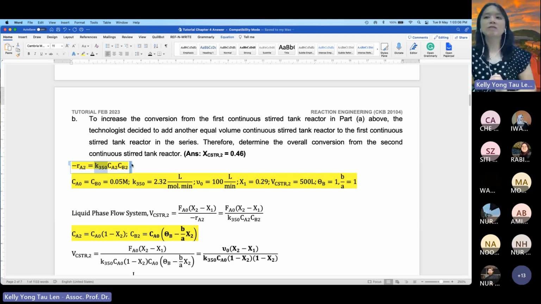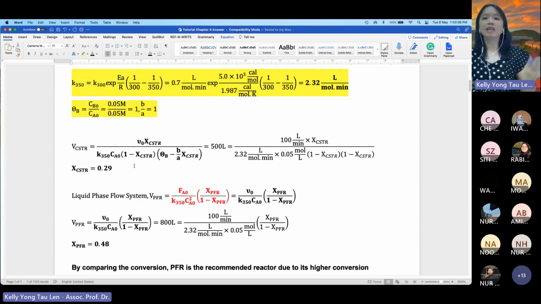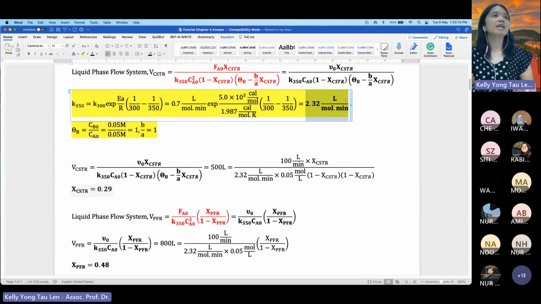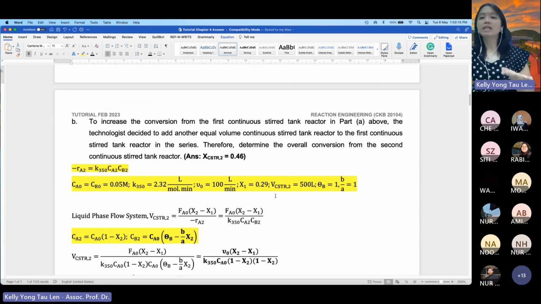So, K at 350 Kelvin, we already calculated earlier, 2.32. So, we can still use the value of K. What about CA and CB?